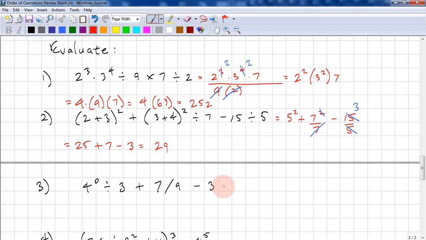Okay, let's rewrite this one. 4 to the power of 0 is 1, divided by 3, plus 7 over 9, minus 3. Our lowest common denominator here, 3 goes into 9, so we have 9. So this one needs to be multiplied by 3 over 3.